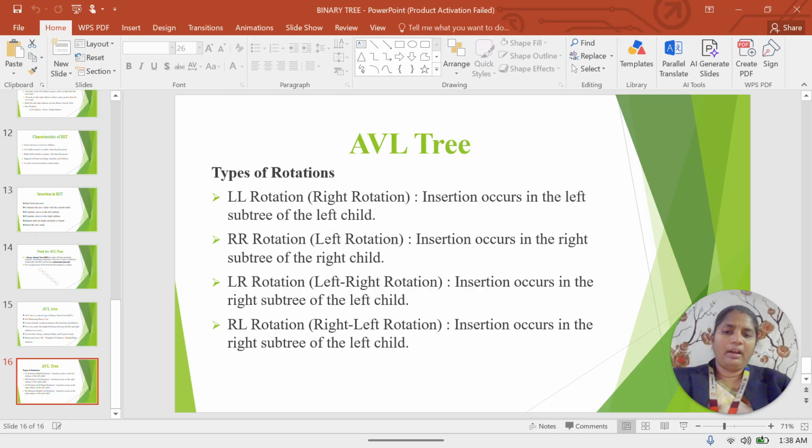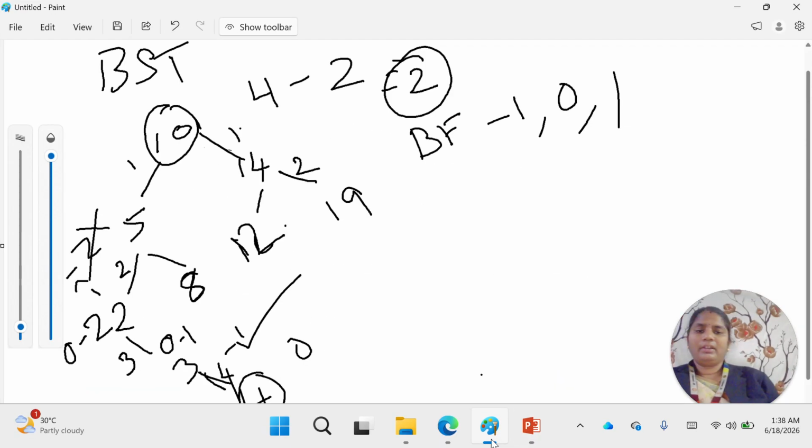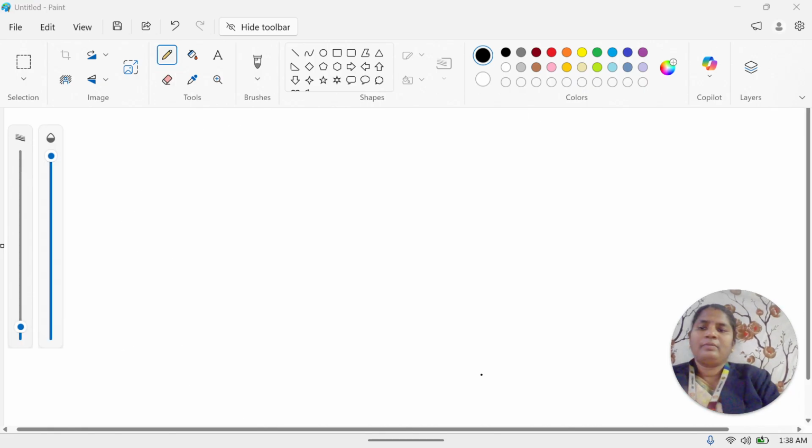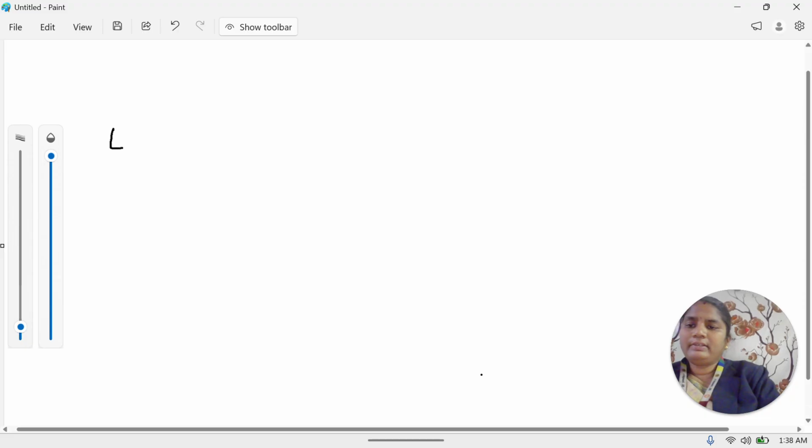So we will see an example first. After that we will see the rotation, so that we have a clear understanding of the AVL tree. First one is left rotation.